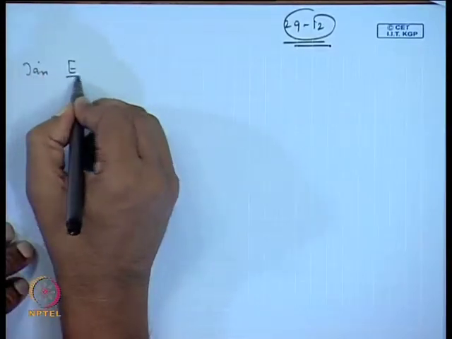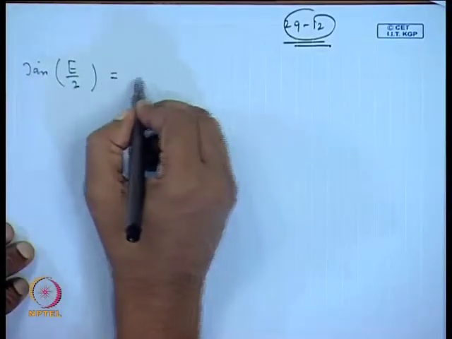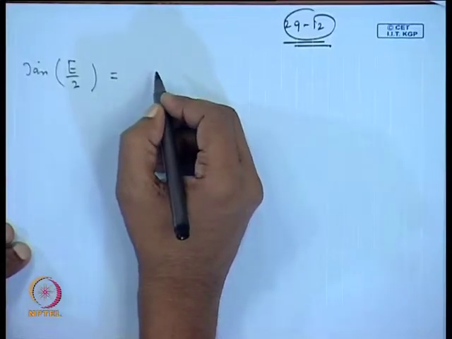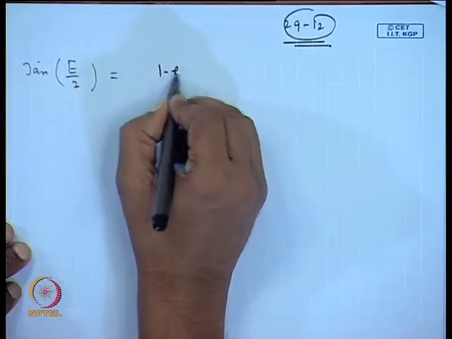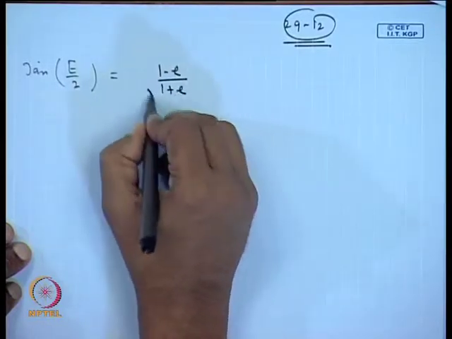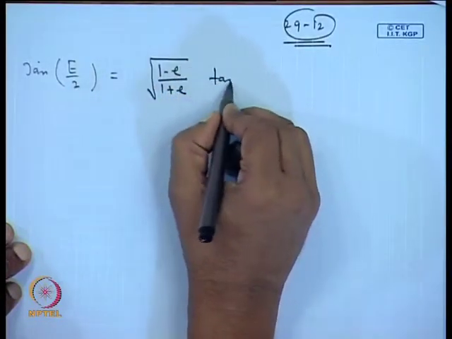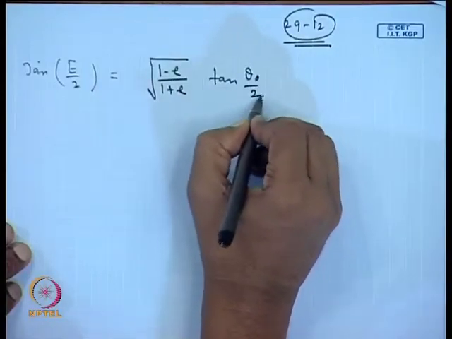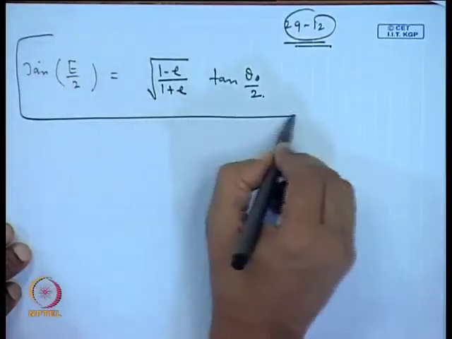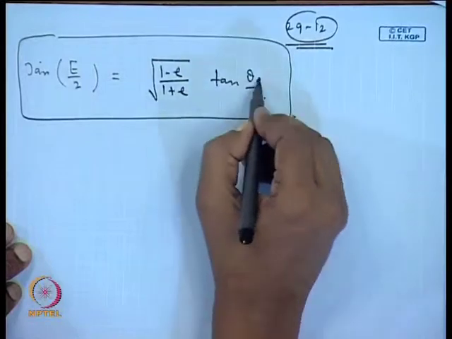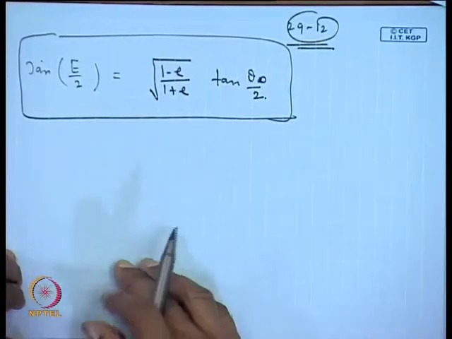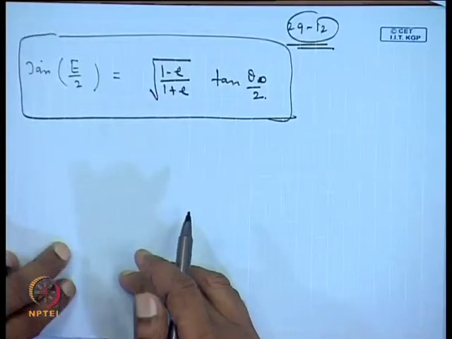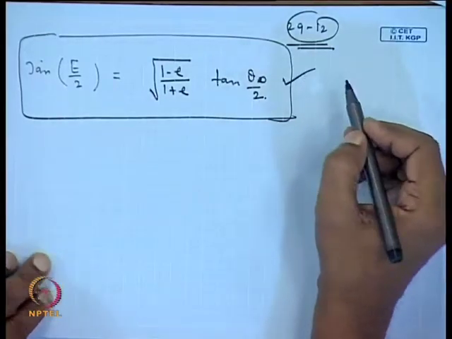Now, tan E by 2, this we have seen in the earlier derivation in the earlier lectures. This is theta 0. Okay. So, we utilize this result here.